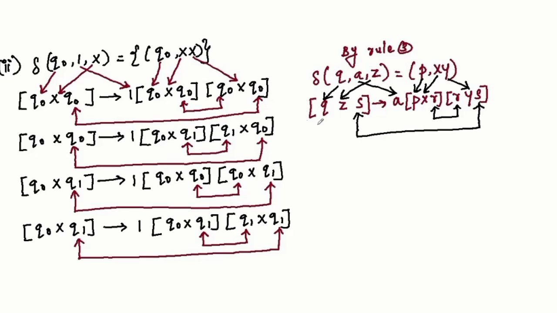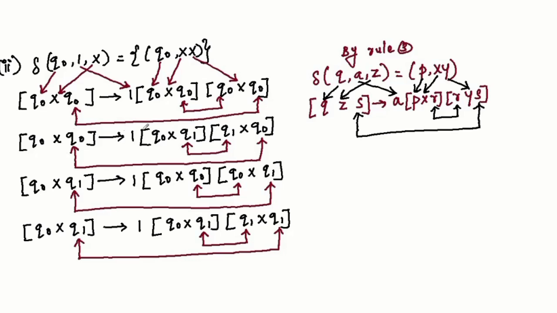Then the context-free grammar production is going to be [qZs] tends to a [pXr][rYs]. As per the rule, apply the production [Q0 X S] tends to 1 [Q0 X R][R X S].